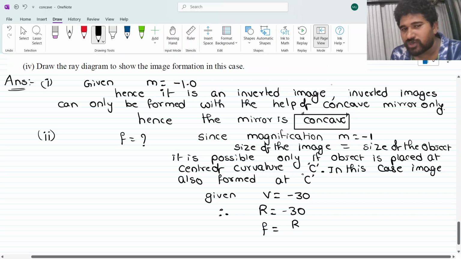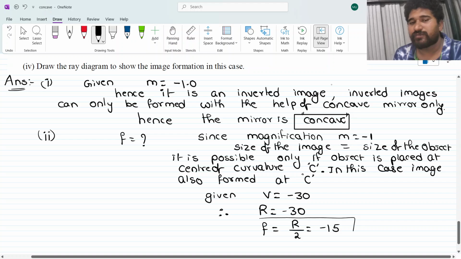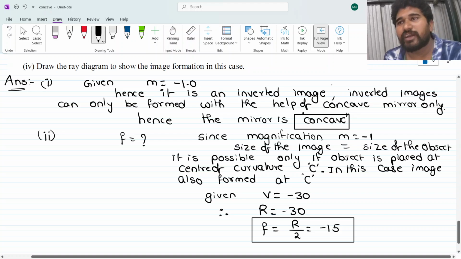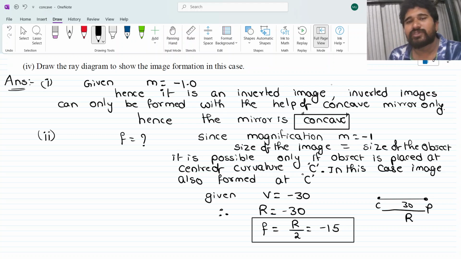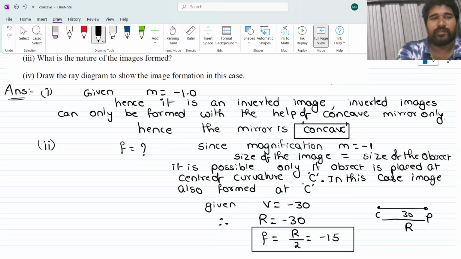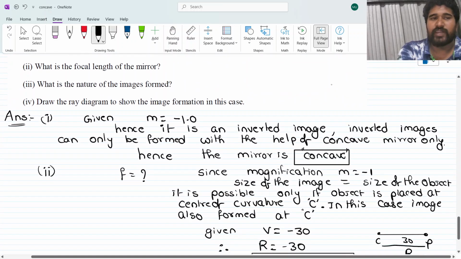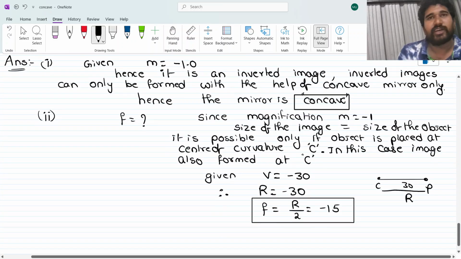F is equal to R by 2, which is -15. F is equal to -15. Understood? What is the reason? It is formed at C. And he said this distance is 30 from the pole. The distance is nothing but the radius of curvature, right? So R is equal to -30, so F is equal to -15. Is that clear? Yes or no?